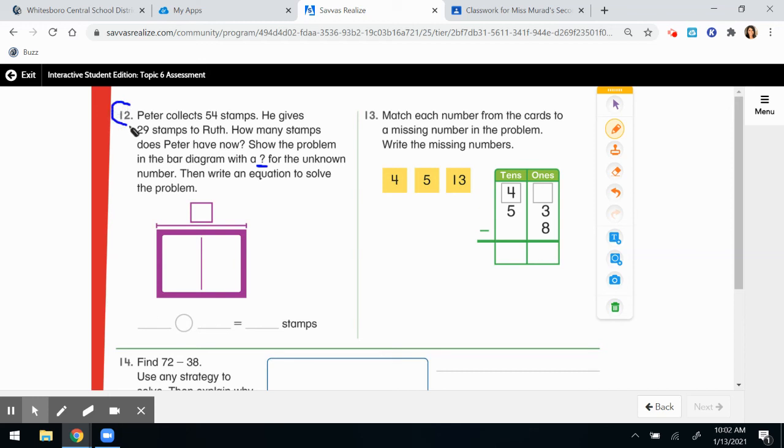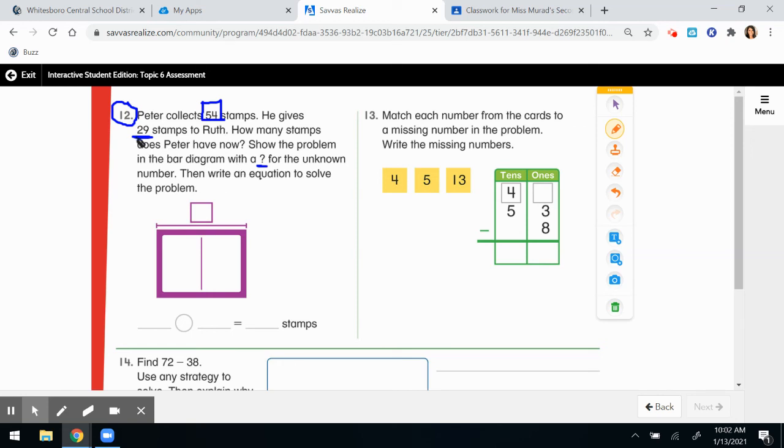I'm going to have you do this by yourself, friends, because you're going to see a couple problems like this on your test. So Peter collects 54 stamps. He gives Ruth 29. So how many stamps does he have in all? He has 54. So 54 just might be your whole.